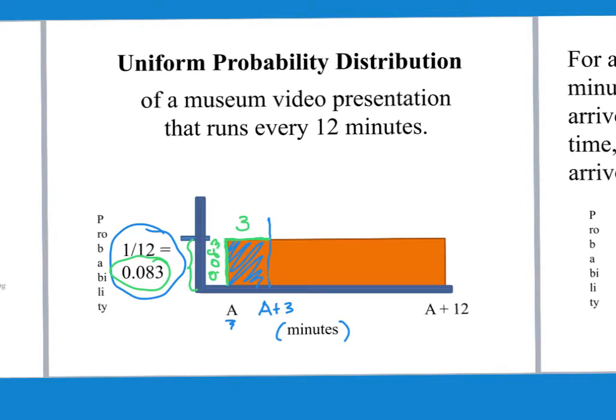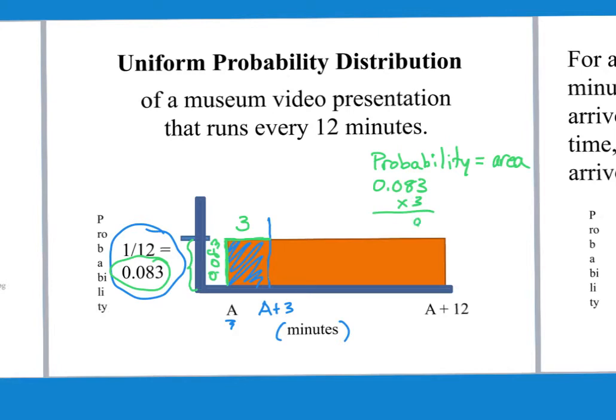So the probability equals the area. The probability of it starting at a given minute is 0.083, and we have a 3-minute time span over which that could occur.